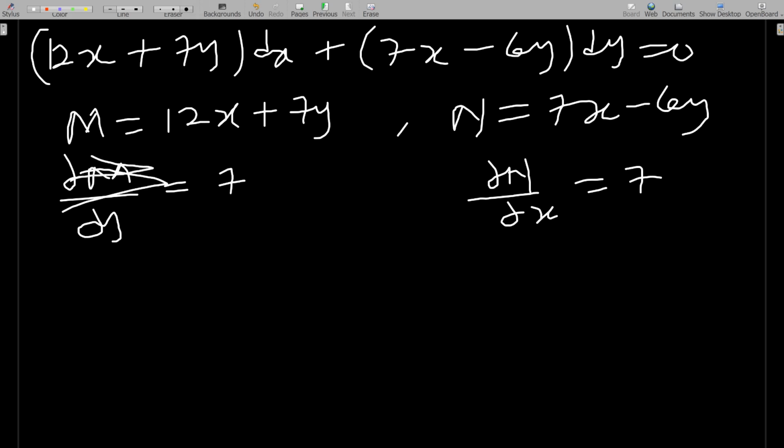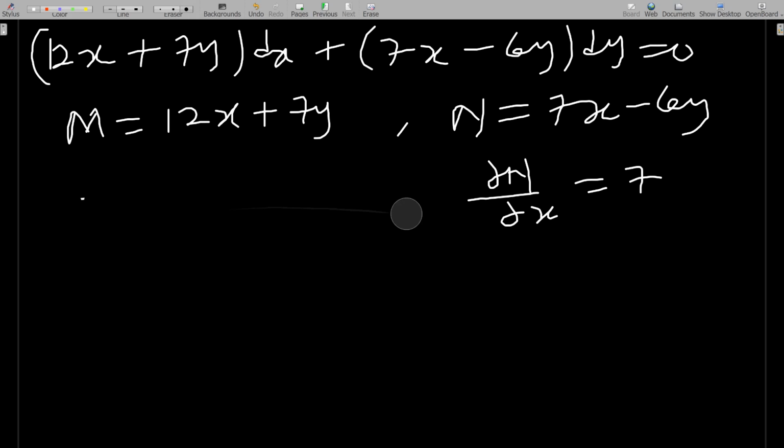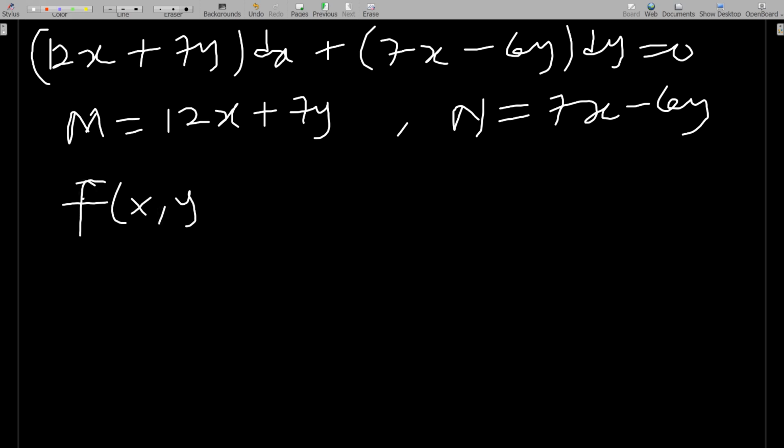Once we have that, I should continue and use my exact method. Since this is exact, there's a function f of x, y which is equal to the integral of M with respect to x, or the integral of N with respect to y.